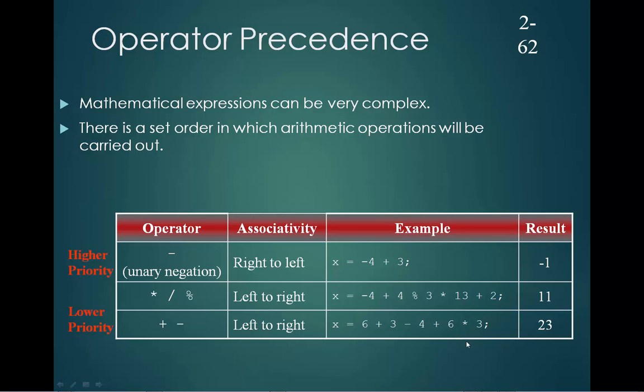So imagine that the number 18 is there. Okay, then we go left to right for the rest of it. 6 plus 3 is 9. Okay, 9 minus 4 is 5. So then we add that to 18, and we get 23.